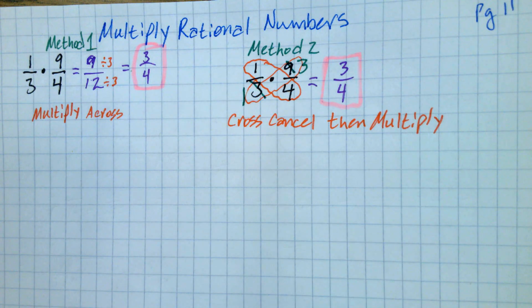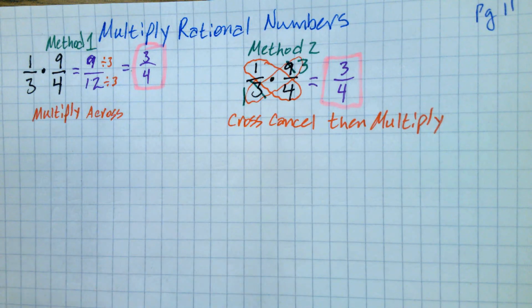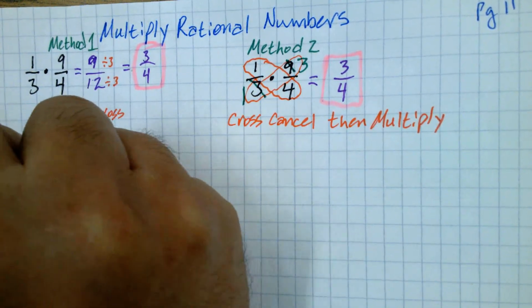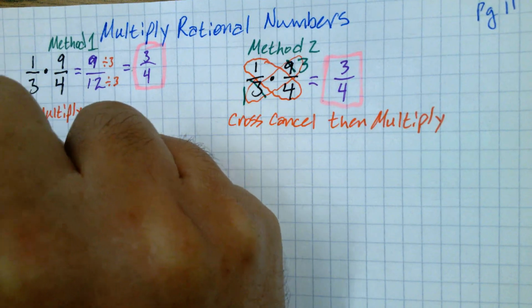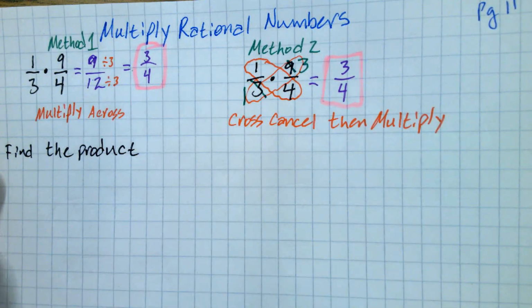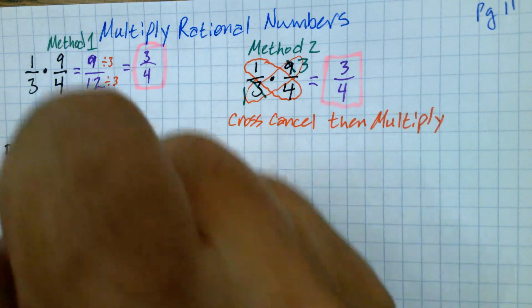Let's go ahead and do some examples. We're going to find the product. Write in simplest form.